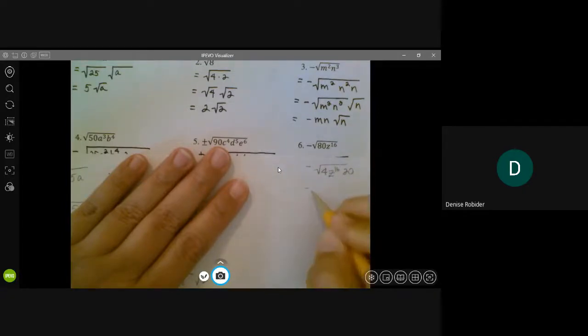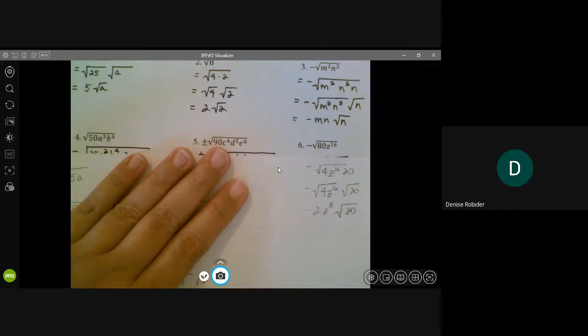So we're going to break this up into a square times a non-square. The square root of 4 is 2. The square root of Z to the 16th is Z to the 8th. We get square root of 20. You're going to choose this as your answer, and it's going to be wrong.